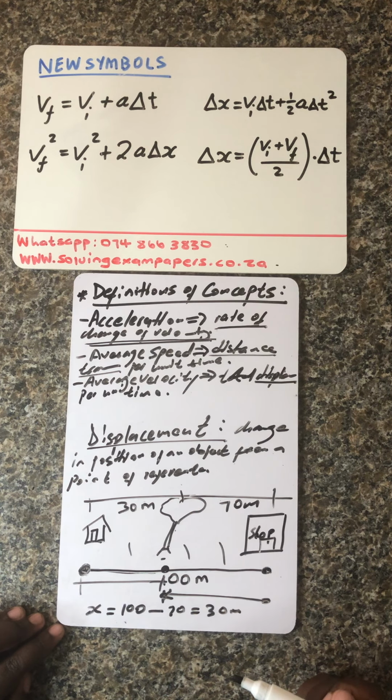Let's just say change in x over change in time. Remember guys, that x represents the distance. Very, very much important. I think I've just explained what a distance is, the total length. So in terms of speed, we are talking about distance over time.